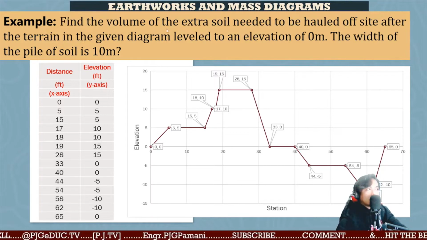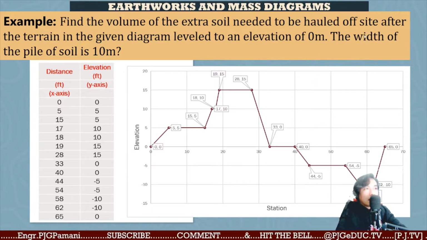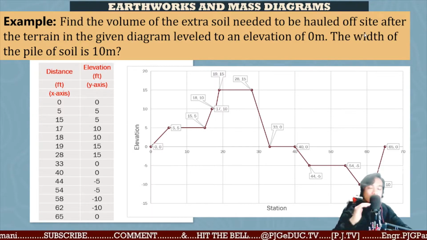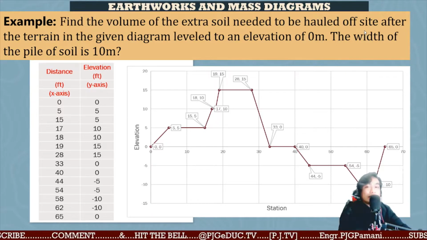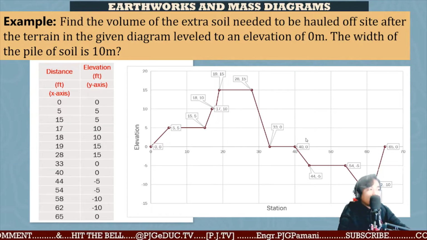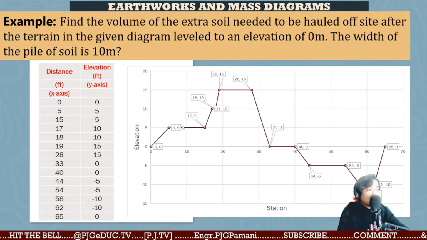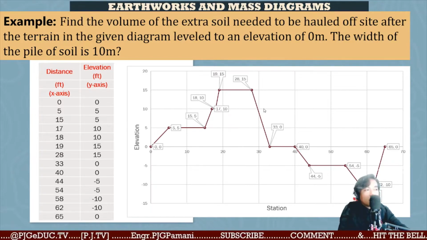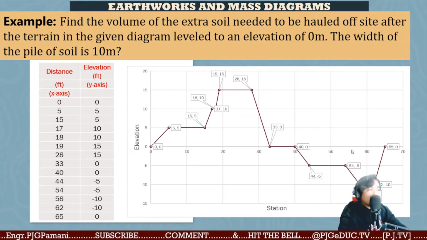But this time, we'll just have to identify the extra soil needed to be held off. Held off or tatanggalin natin, so ito yung excess, yung sobra. Kasi ang gagawin lang naman daw niya is to cut a specific volume on this fill to be transferred on this section.